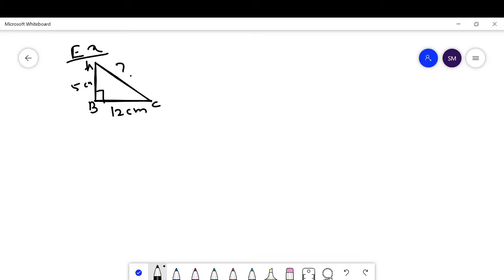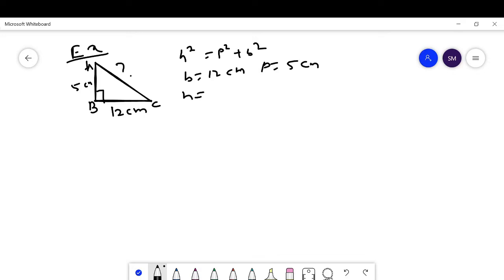B is the right angle. Then according to the Pythagoras theorem, h square is equal to p square plus b square. Here b is equal to 12 centimeter and p is equal to 5 centimeter.